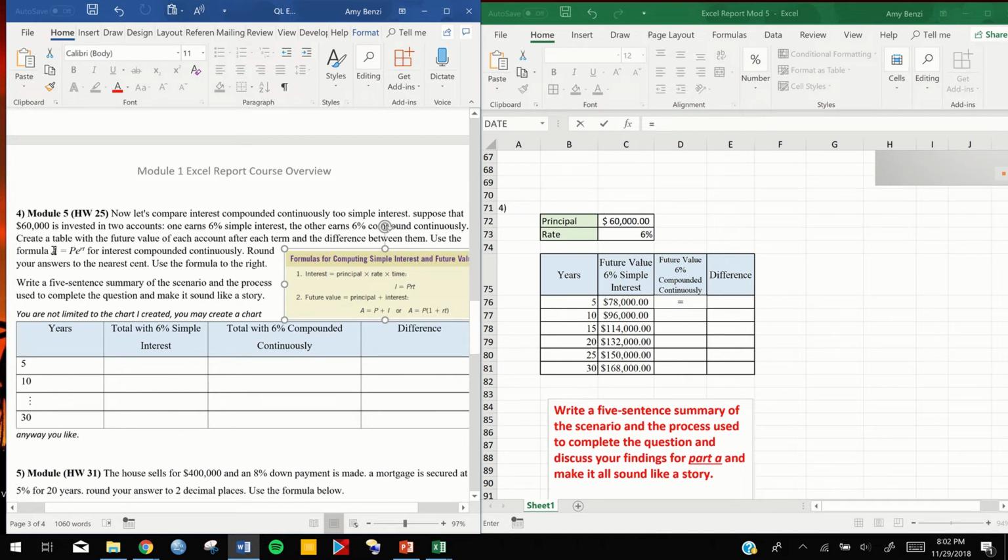So we have the future value of compound interest is going to be the principal times E raised to the rate times the time. What is E? E is a value, 2.7. It's a number like pi. Pi is an irrational constant.